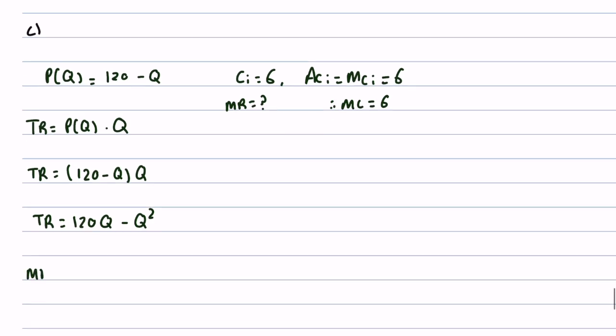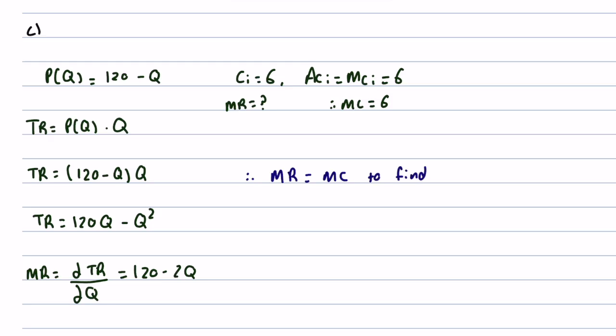To find marginal revenue, we know this is just the derivative of total revenue, right? It's the derivative of total revenue with respect to quantity, which is going to be equal to 120 minus 2Q, right?